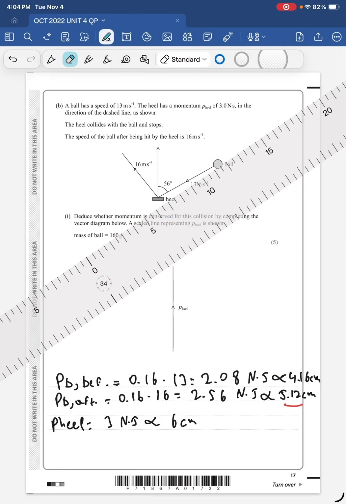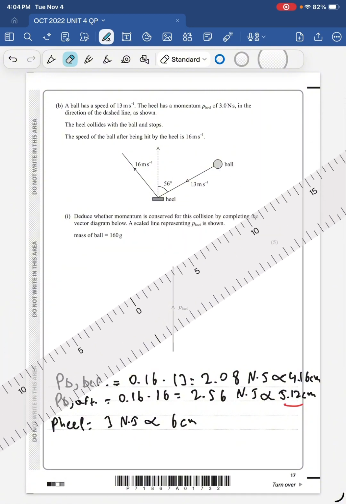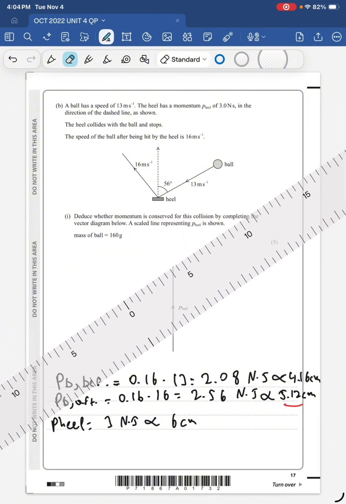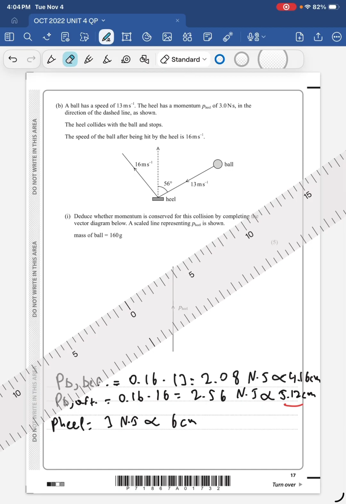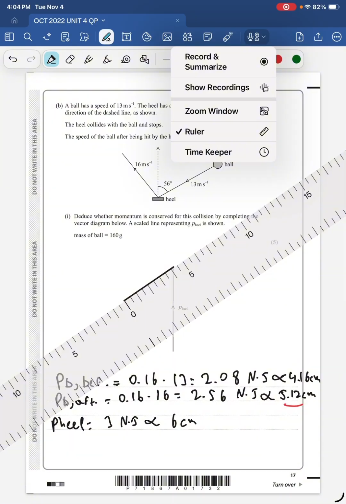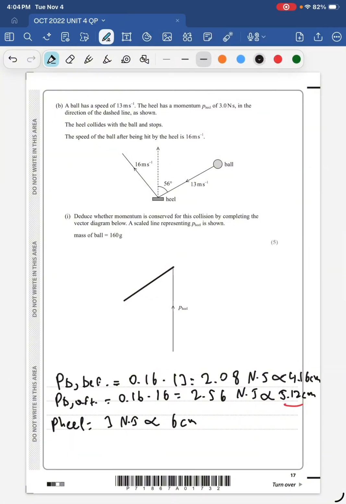And we need again 4.1 centimeters. So we need that. Let's get the ruler away. Now that's 56.